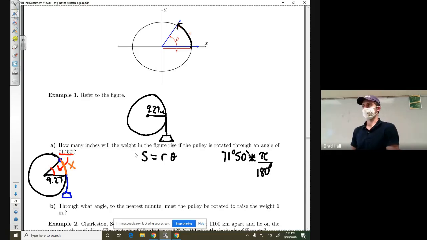With application problems, the answer is no. You don't need exact answers for application problems. Decimals are perfectly fine. So let's make sure we can type this into the calculator correctly: 71 degrees, 50 minutes times pi divided by 180 degrees.